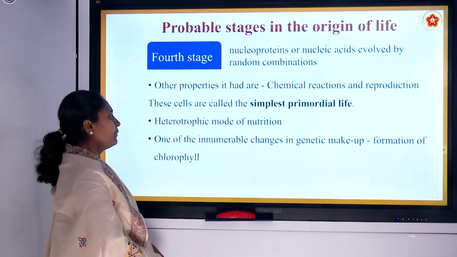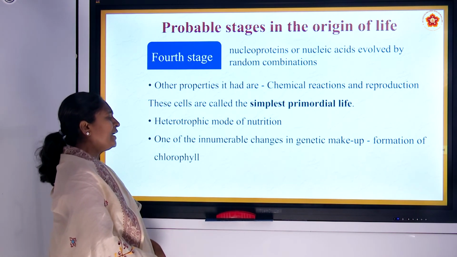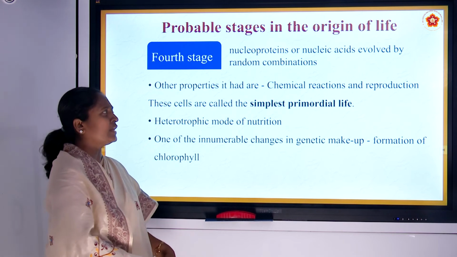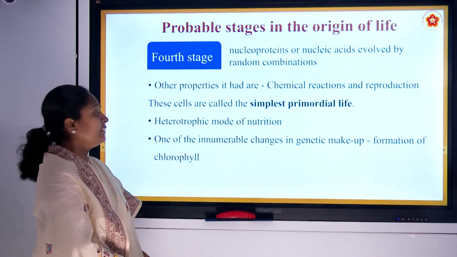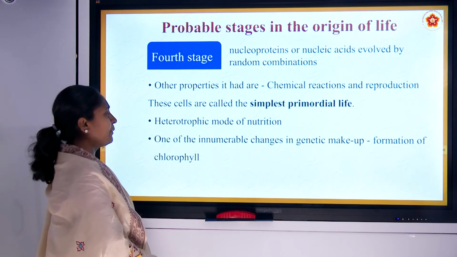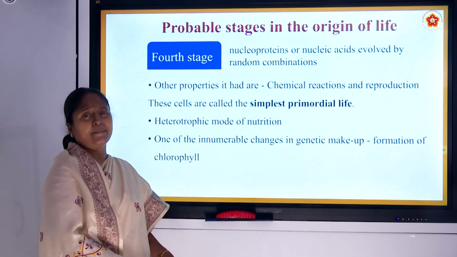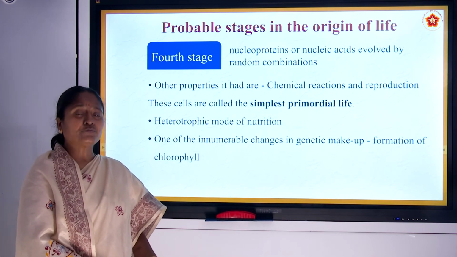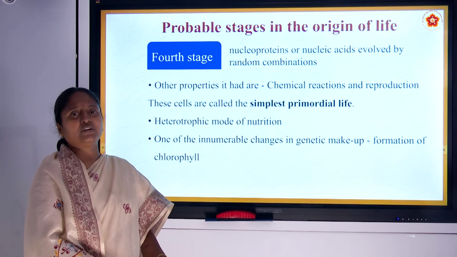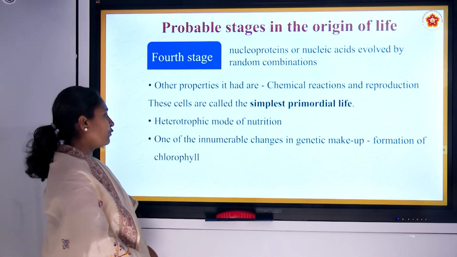Then we could see one big breakthrough which happened, that is the formation of chlorophyll. This chlorophyll has an ability to trap sunlight in the presence of carbon dioxide and water. It could fix carbon dioxide to sugar, right? That is the process of photosynthesis.